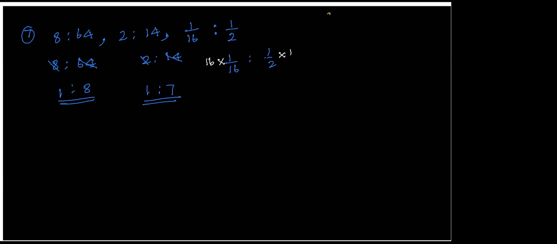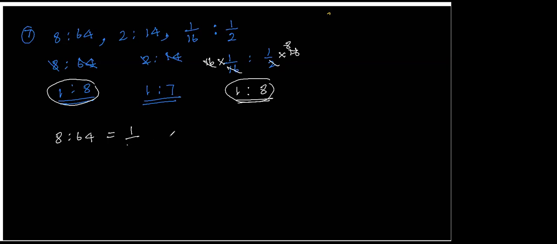This is by 16. 1 to 8. Then what are they? These two are equivalent ratios. This means 8 to 64 equals 1 over 16 to 1 over 2. Write down this.